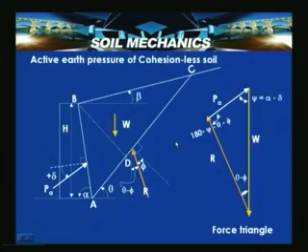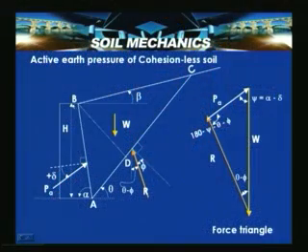Now, let us look into the analytical expressions derived by Coulomb for satisfying equilibrium conditions. Let us look first at the active earth pressure of cohesionless soil. Assume a wall of height h, where AB is the wall face, which has friction.